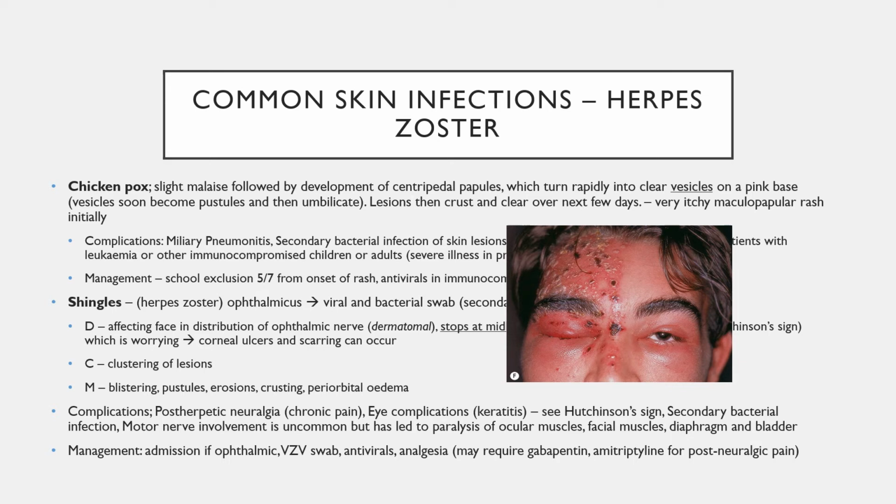I've also mentioned on this slide candida infections. I'm sure you'll learn about this elsewhere, but as it was on your learning objectives, I just wanted to mention it. It's a fungus, usually Candida albicans, commonly occurring.